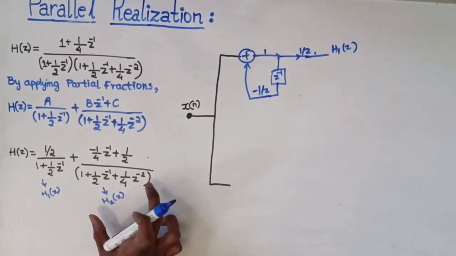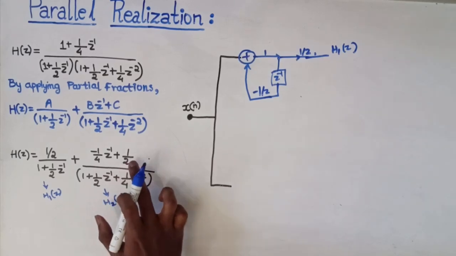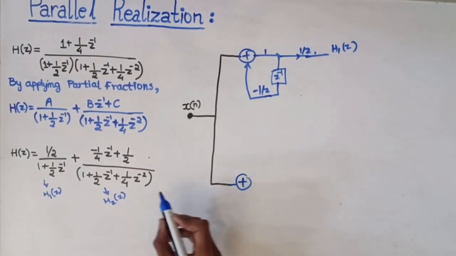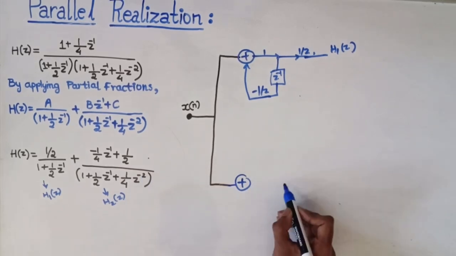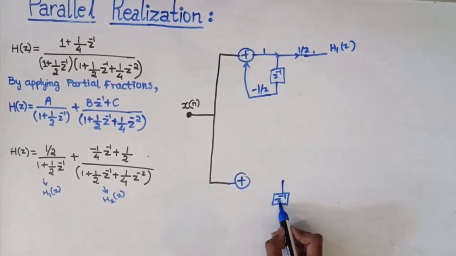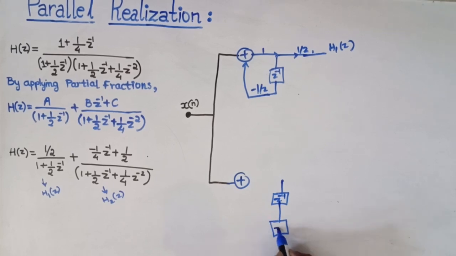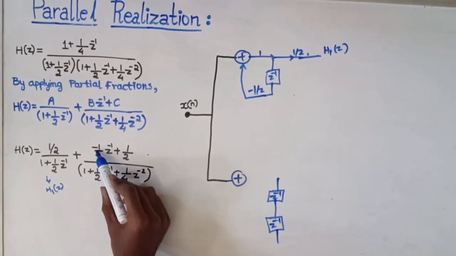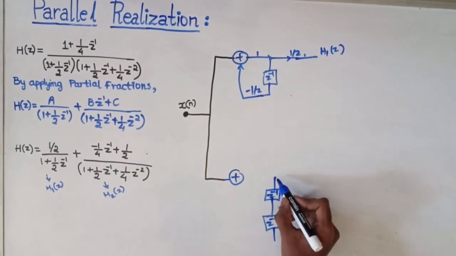In H2(z), we have -1/4 z^-1 + 1/2. For the maximum delay point, we can see that it is z^-2, hence 2 delay terms, z^-1. In the numerator we have -1/4 z^-1 + 1/2.